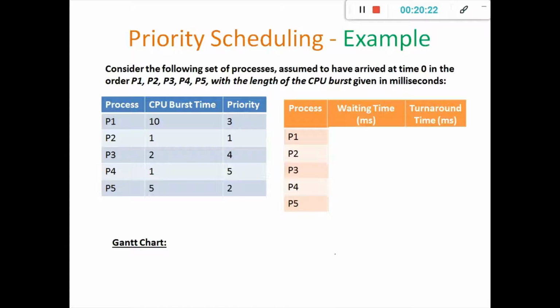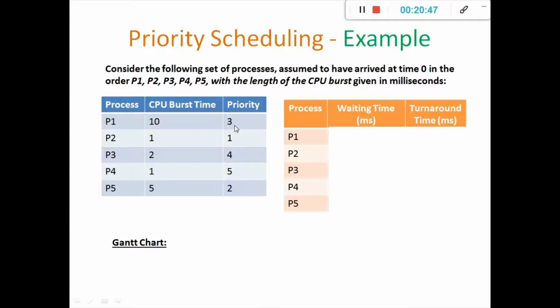Let me explain with an example. Consider this set of processes P1 to P5, whose burst time is given and priority is also given.